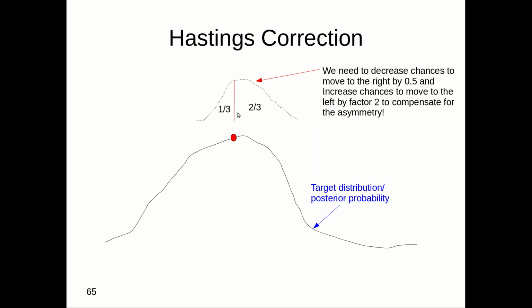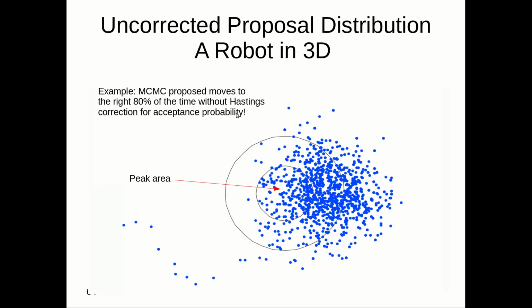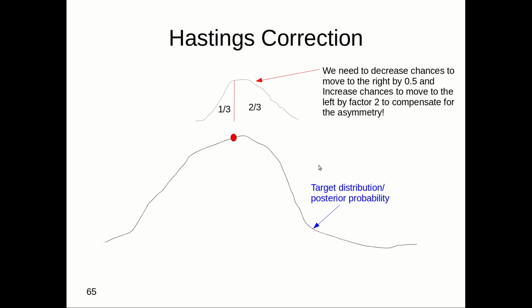If I have an asymmetric proposal distribution, that will yield some sort of drunk robot that does not correctly sample my posterior probability distribution. I need to do something more for it to run correctly.